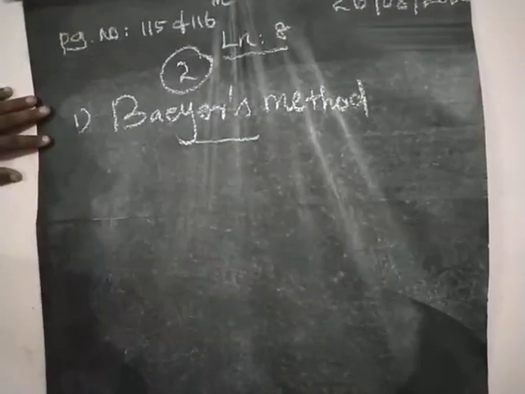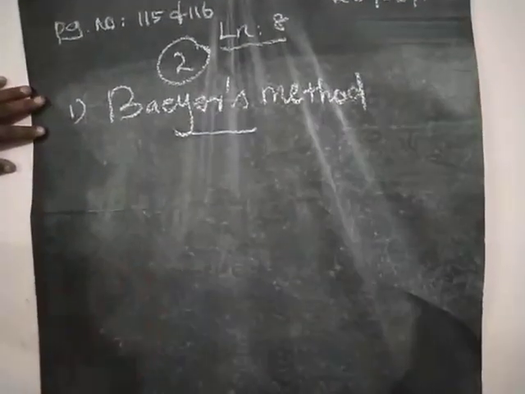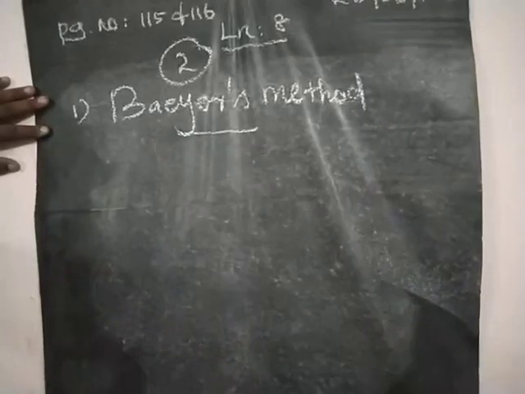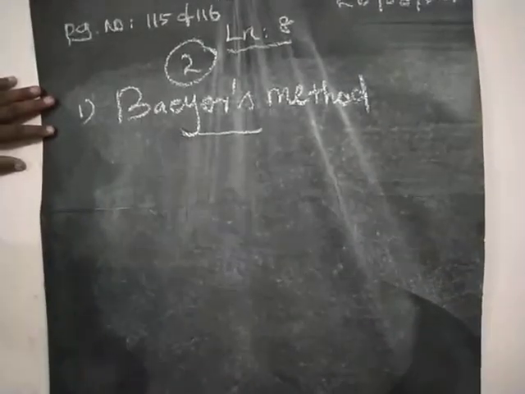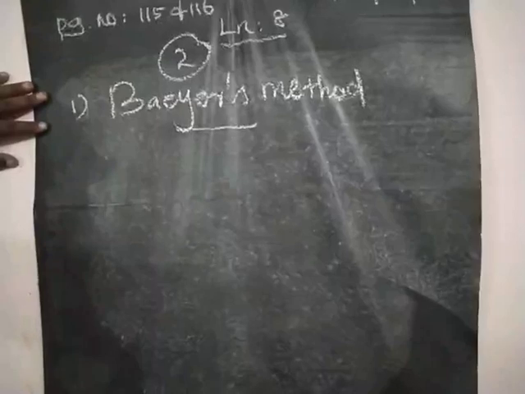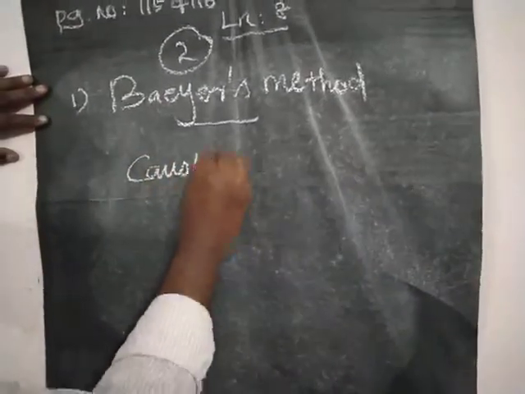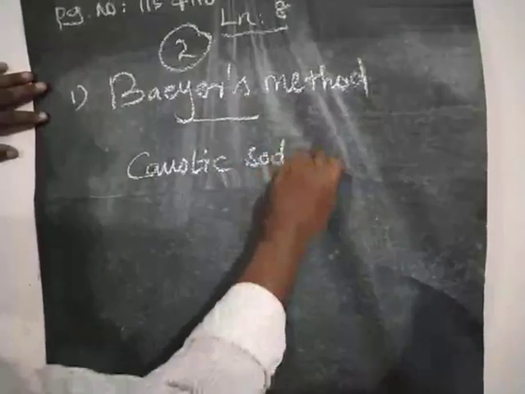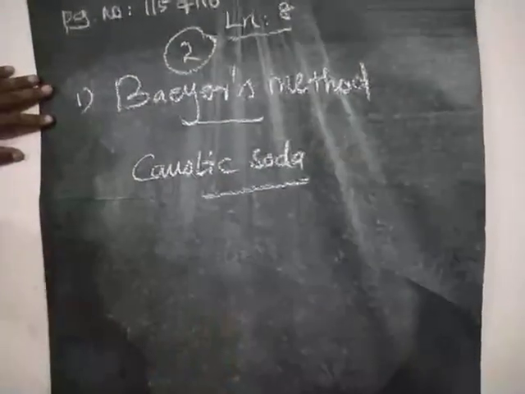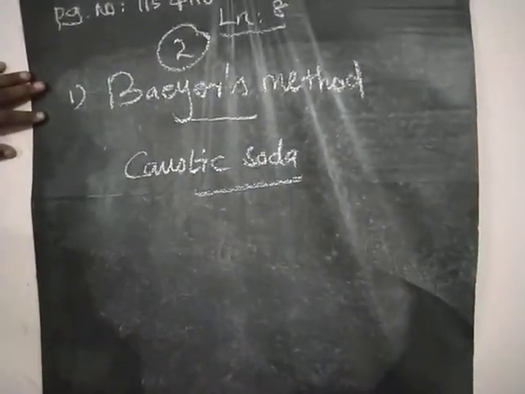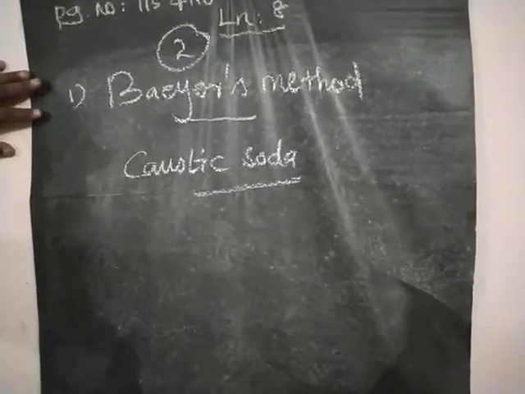In this method, we take the powdered bauxite material, which is reacted under pressure with caustic soda solution at 150 degrees Celsius to form sodium meta-aluminate.